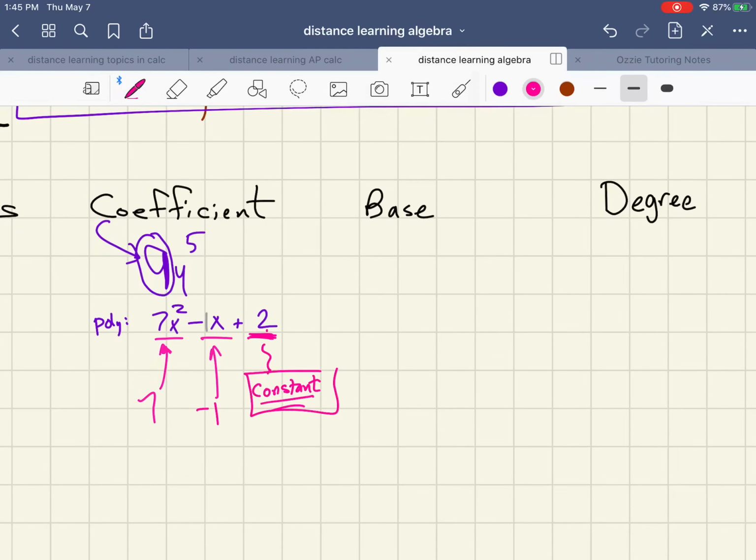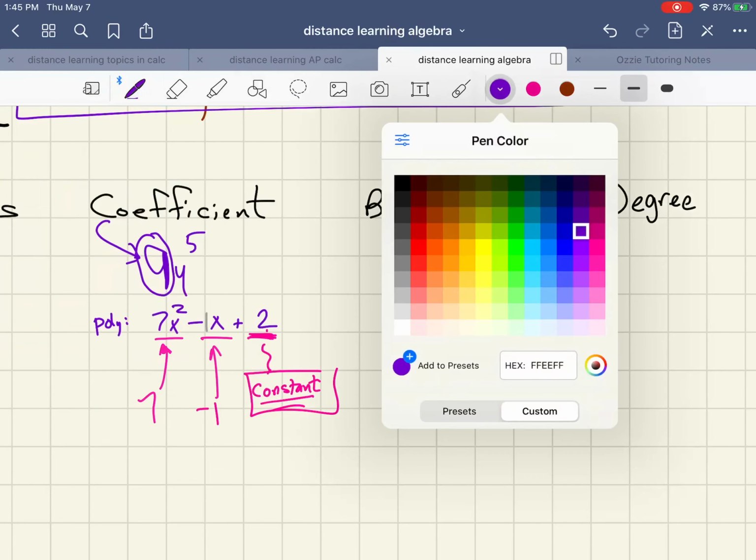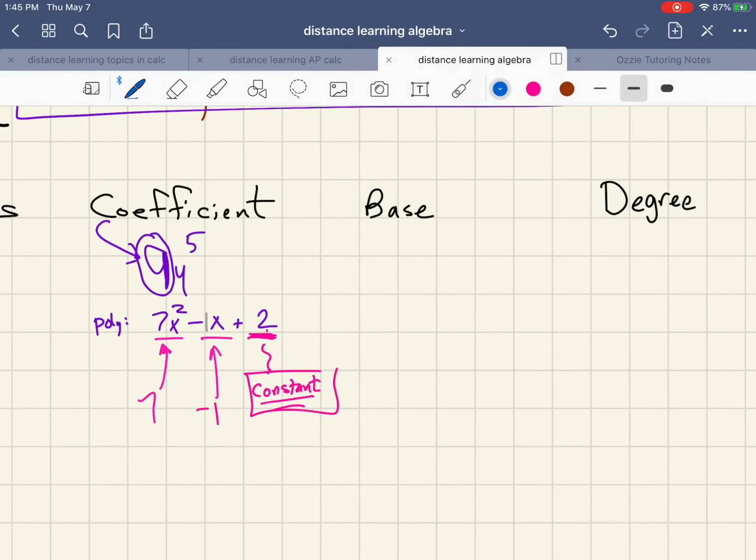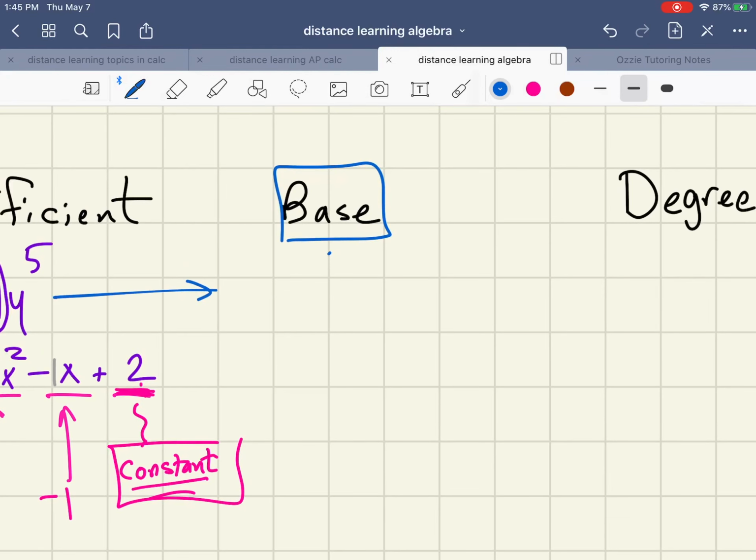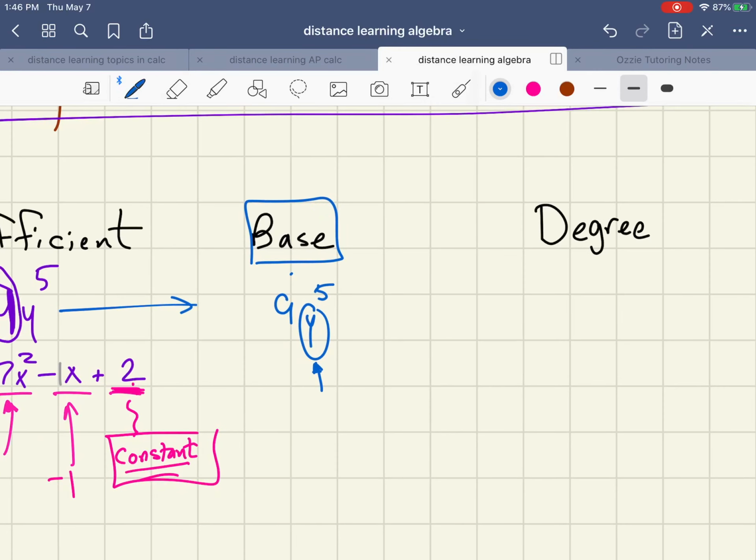So there's another term that I should have probably added in there. The base of this is more of a monomial term. So if we're looking at the same problem, 9y to the 5th, the base here is the y. What is being raised to the exponent? And that would be the y. The degree of that monomial is the exponent.